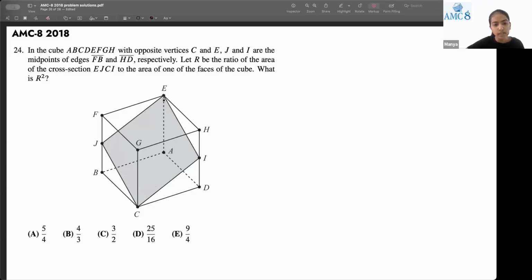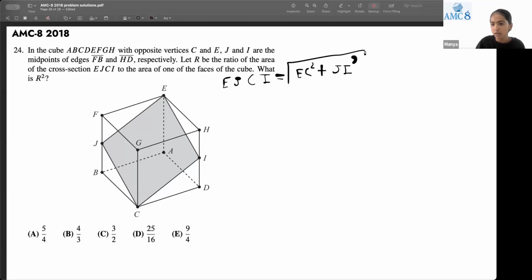And so to find out the area of this, the area of EJCI would be equal to EC squared plus JI squared, and then the square root of that.